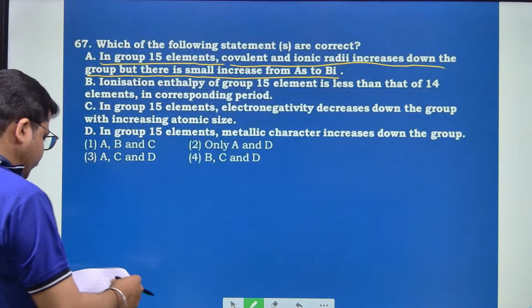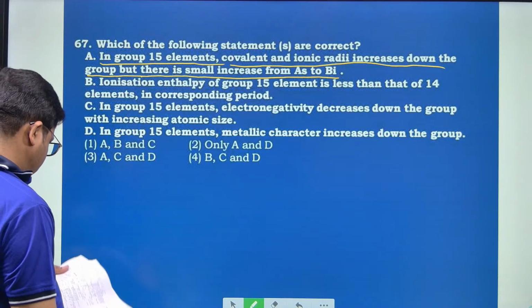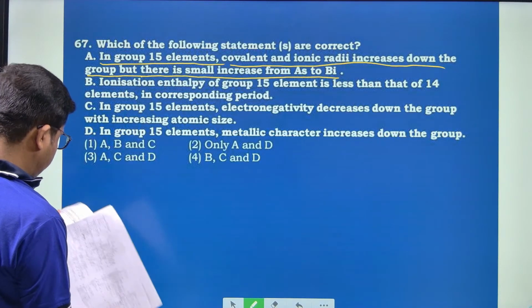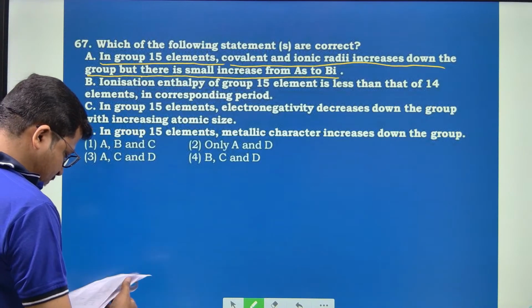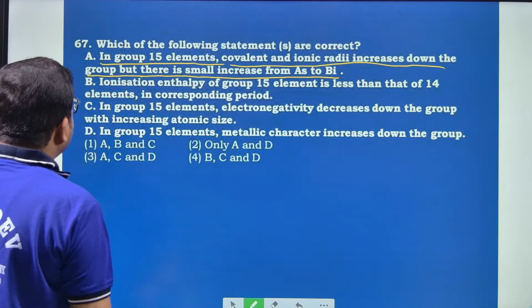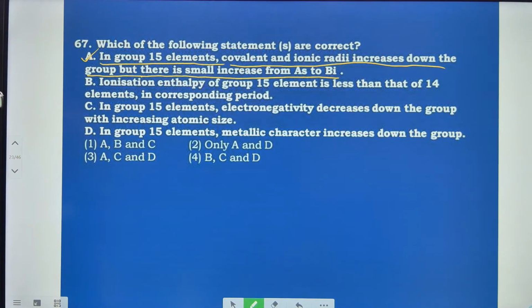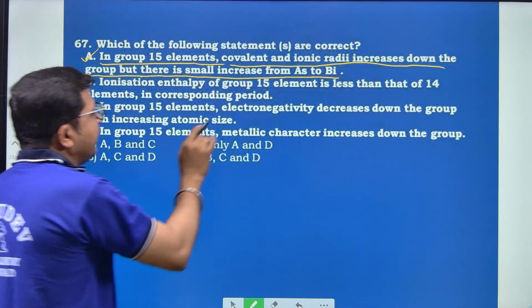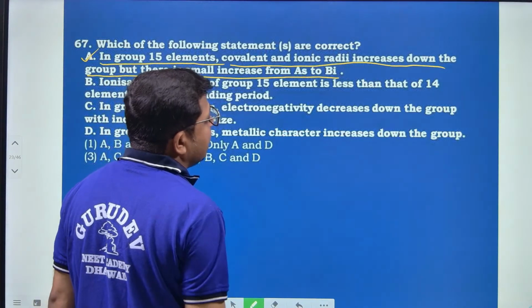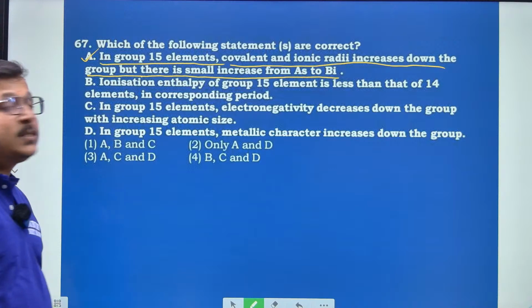Hence statement A is right. Statement B: the ionization enthalpy of group 15 elements is less than that of group 14 elements in the corresponding period.